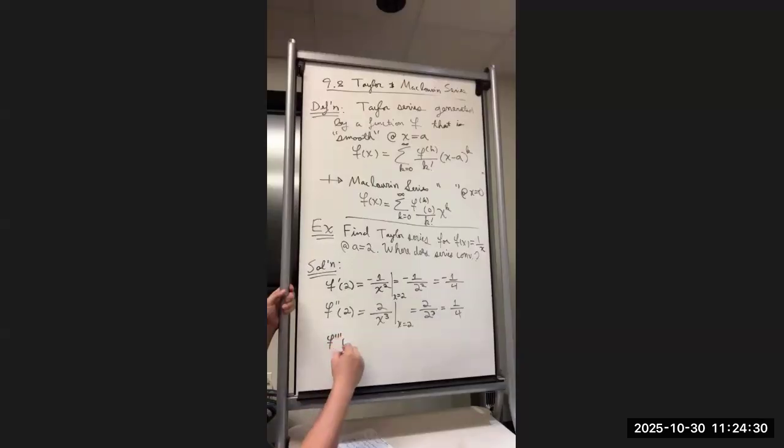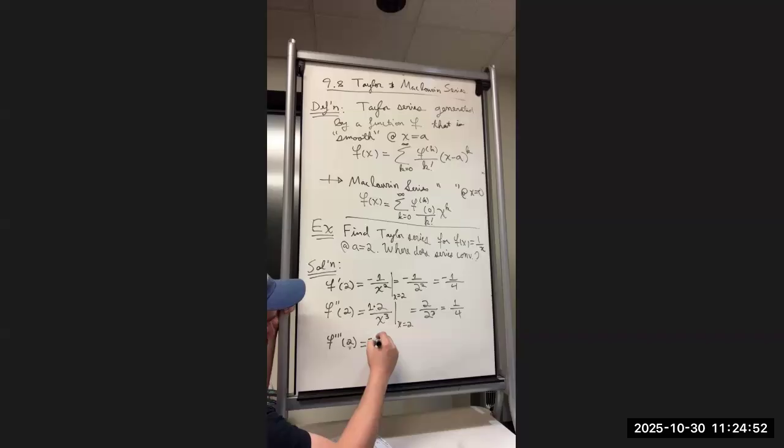Take a third derivative and evaluate it at 2. So what do we get? We get 2 times 3, but it's negative now. And because I can already see the pattern starting to emerge, I'm going to write 2 as 1 times 2.